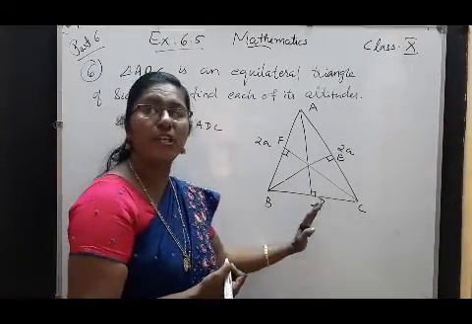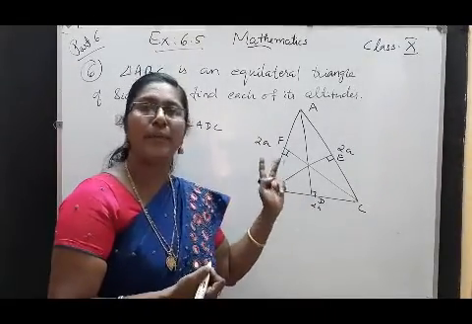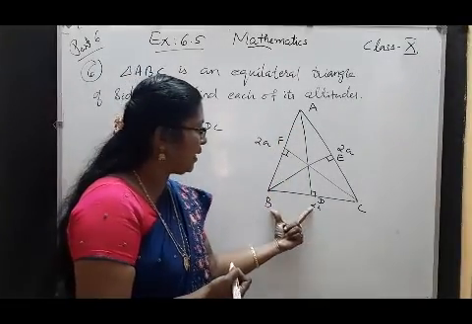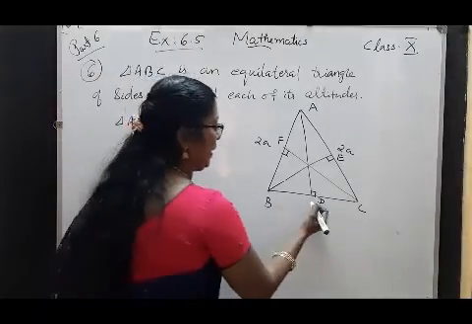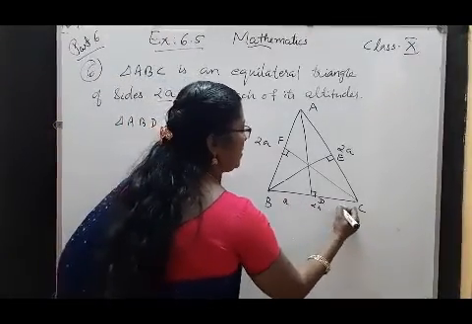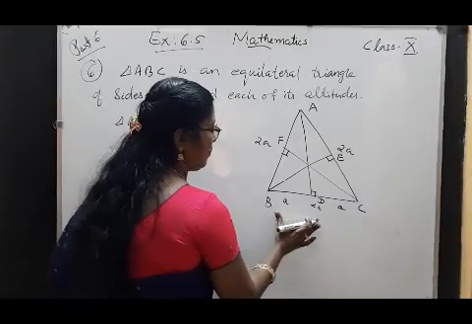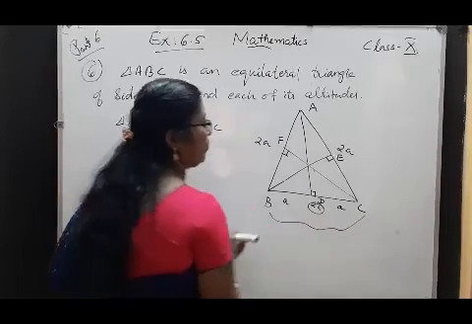Here the altitude divides the base equally. In an equilateral triangle, the altitude and median coincide. So we can say BD and DC are equal. Here BD is a and DC is also a, and BC is 2a.